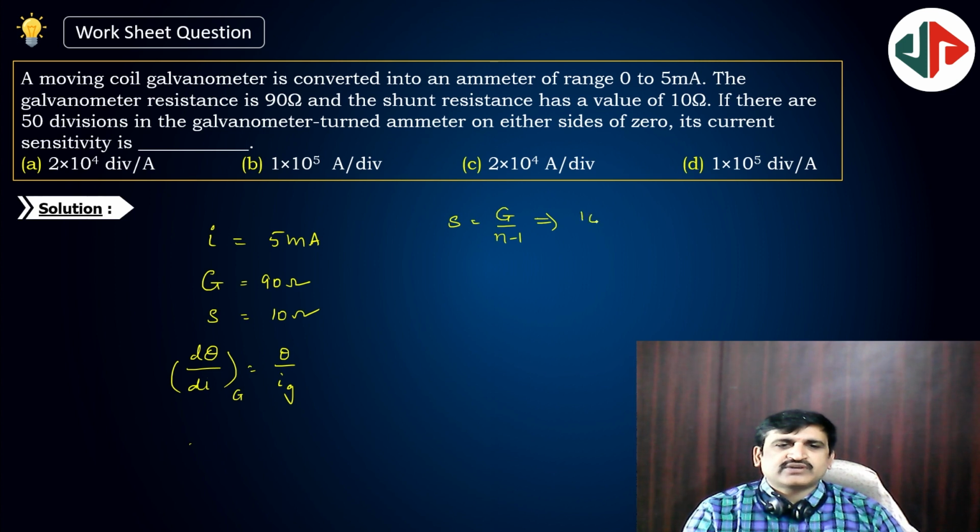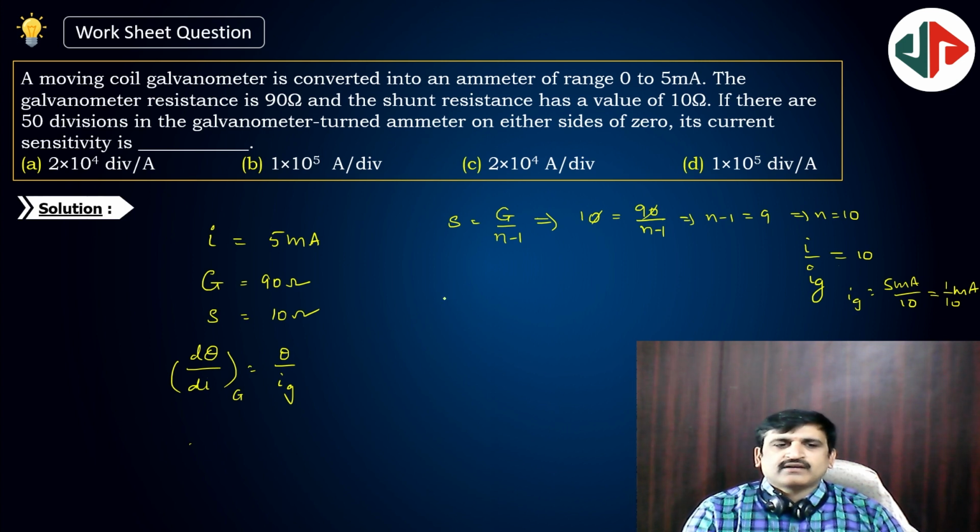S is equal to 10, G value 90 by n minus 1, implies n minus 1 is equal to 9, n equal to 10. n equal to I by Ig actually, I by Ig is 10, I value 5 milliamps, then Ig is equal to 5 milliamps by 10, so 1 by 2 milliamp, Ig is okay. Now this is 1 by 10 milliamp.